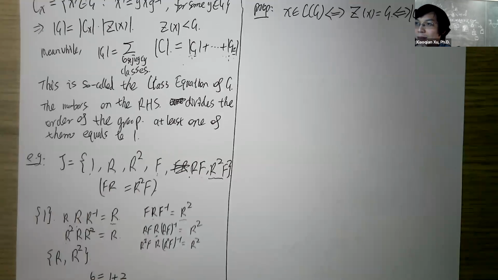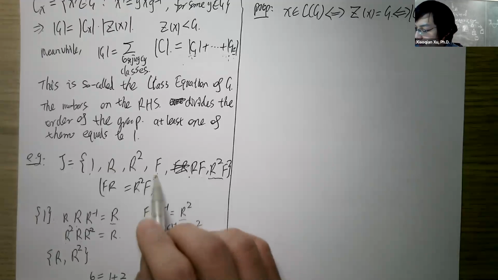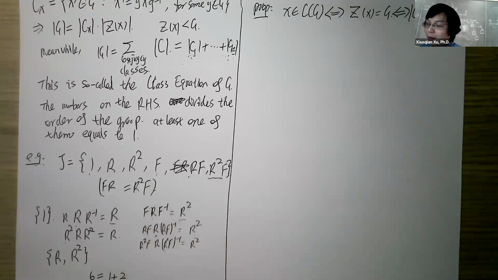That simply means it commutes with any other element of this group. It's in the center of this group, right? So if we want to see whether there is some such class among the other conjugacy classes, we only need to check whether it commutes with other elements or not.